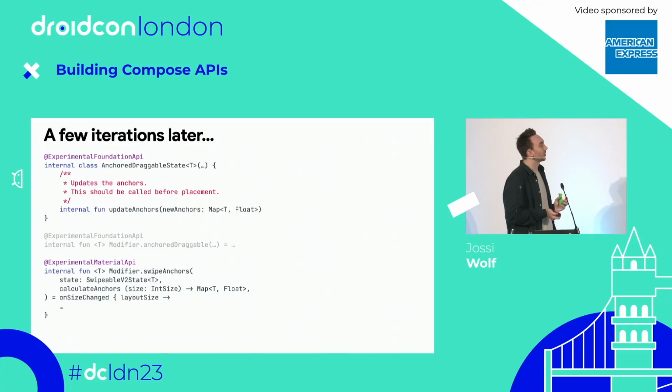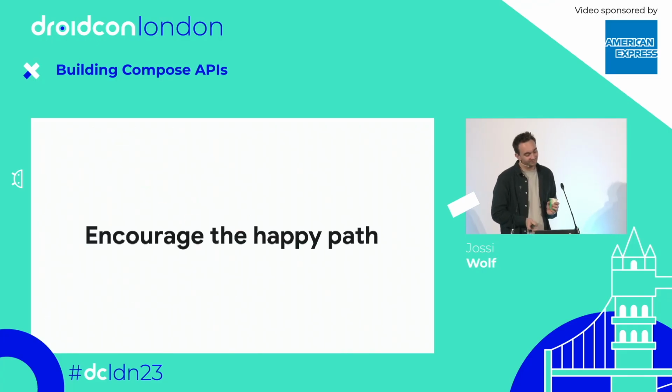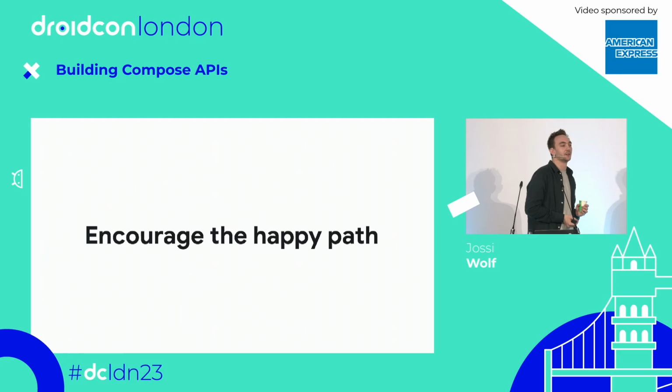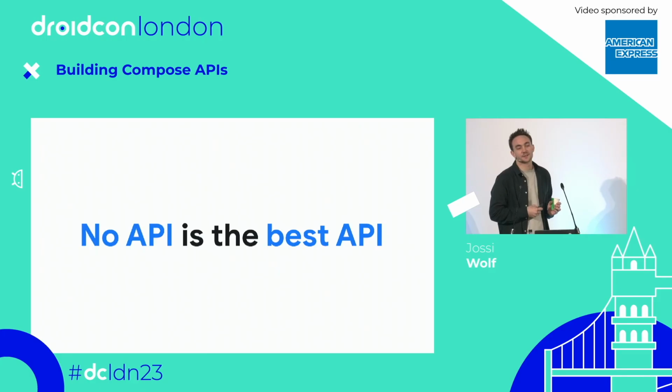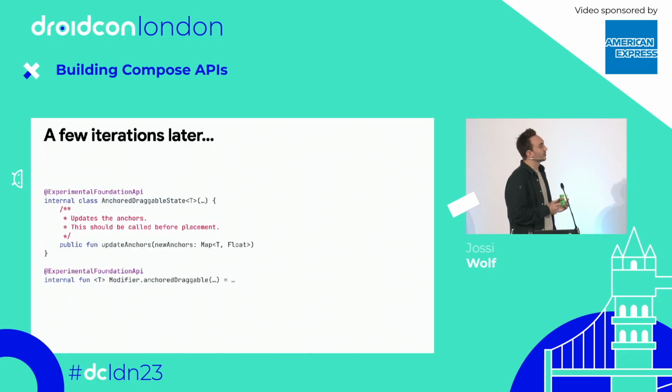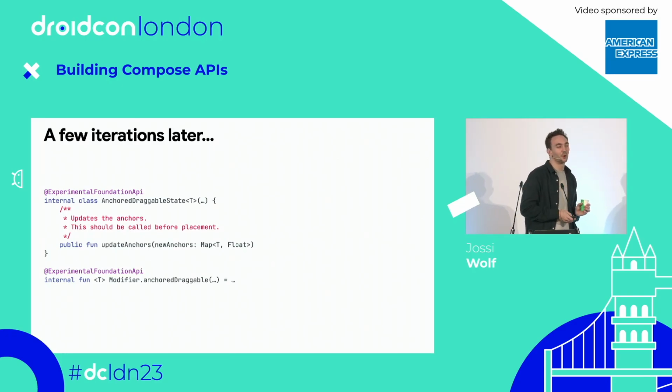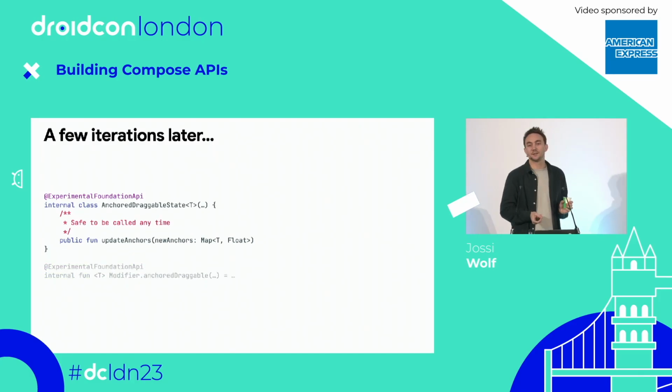You should always encourage the happy path, which technically having this modifier and an inaccessible API did, but not in a very great way, because no API is always the best API. We're actually able to change the update anchors contract from call this at a very specific time only, please, or things will go bad, to making it safe to be called at any time.